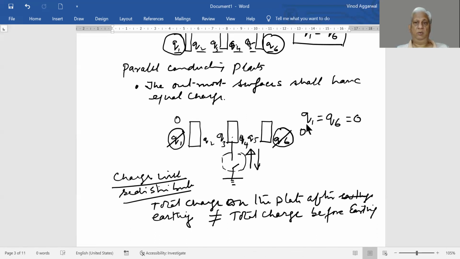But this will still hold good: the outermost surface of this system will be 0. Now, keeping this condition, we can calculate the redistribution of the charges on the plates.